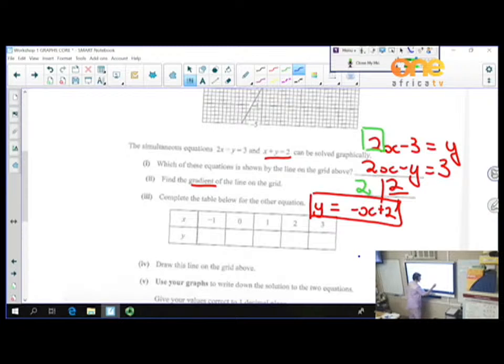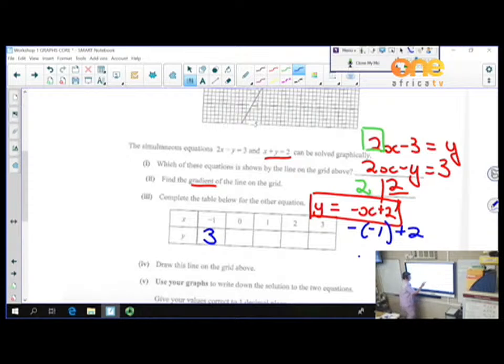So we have to say negative, negative 1 plus 2. You can do it on your calculator. Okay, so what do we get? The brackets are vitally important. Otherwise, you're going to have wrong answers. Negative, and then brackets negative 1 plus 2 is equal to. Okay, and my answer is 3.